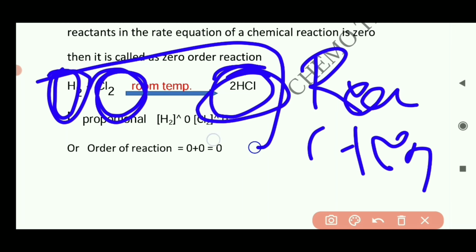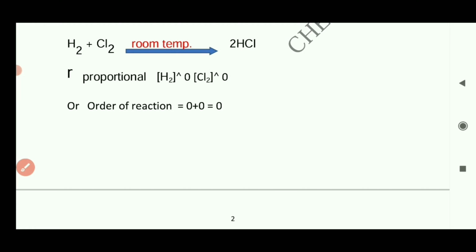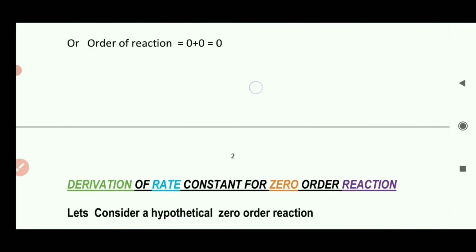There is no change. So friends, here the order of reaction is 0.